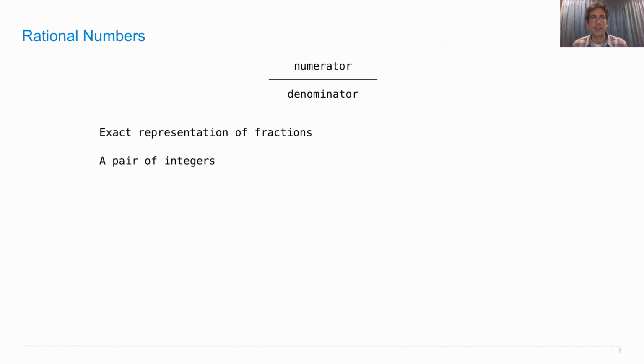So a pair of integers lets us tell you exactly what fraction we have, such as 1 divided by 3. But as soon as we actually divide 1 by 3, then we'll get back a float, which is not an exact representation, but a finite approximation of it through a binary expansion. So we want to separate the numerator and the denominator, not divide one by the other, but instead have a compound data type.